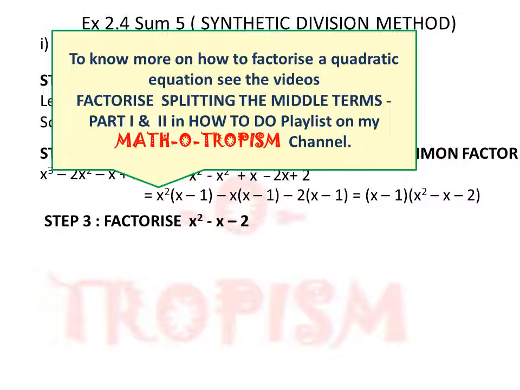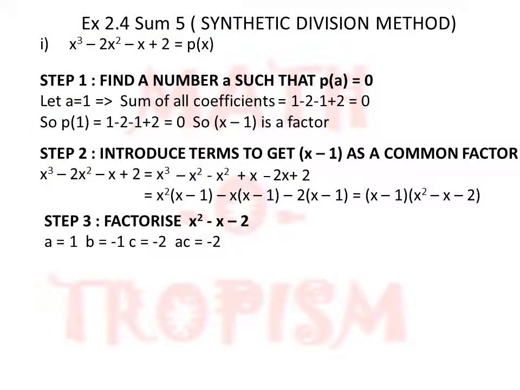Coming again to factorizing, I need to factorize x square minus x minus 2. For that, let me take a is equal to 1, b is equal to minus 1, c is equal to minus 2. So ac is minus 2.